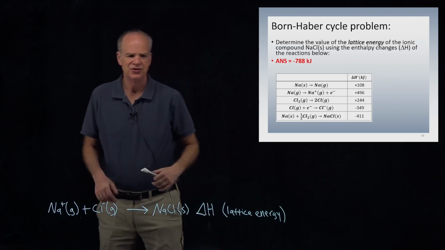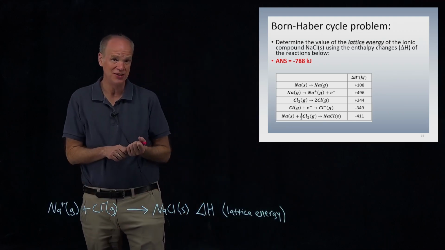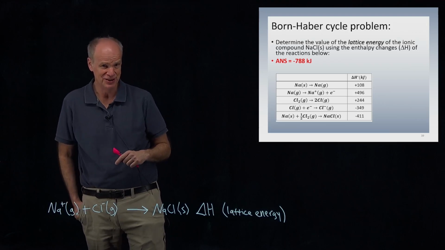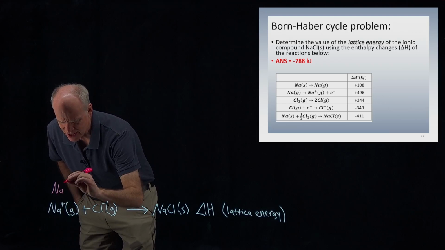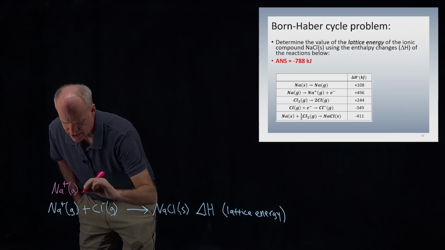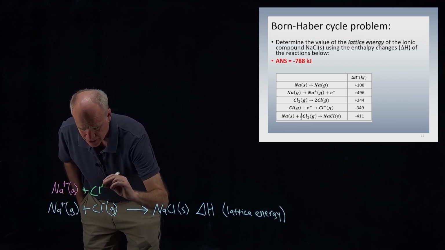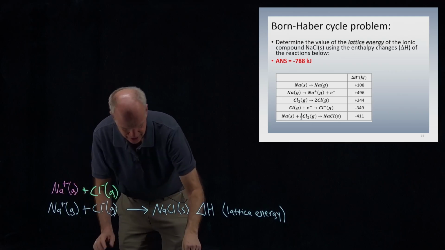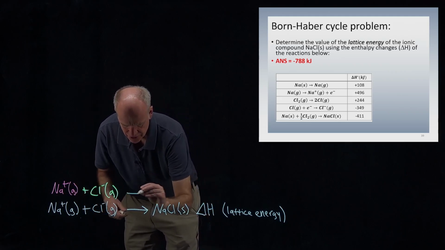Okay, so I think it may be helpful for the moment just to color code things. And so what I'm going to do is have sodium in red and chlorine in green. So here we have a sodium ion, and we'll have that in red. So this is an ion here. So again, this is the gas phase. And then chlorine here in green, Cl minus, gas phase. And then what we're going to have is solid sodium chloride.